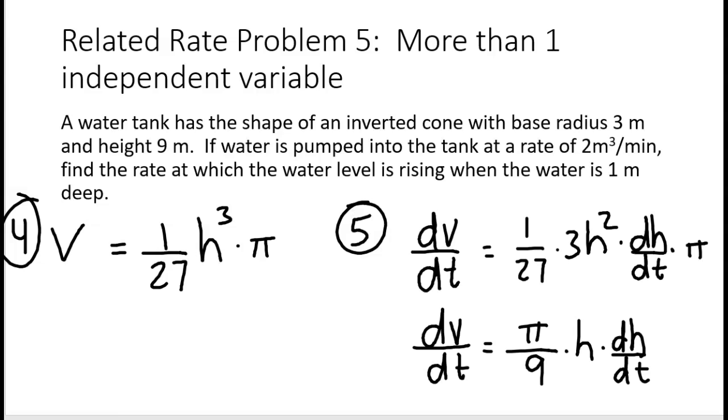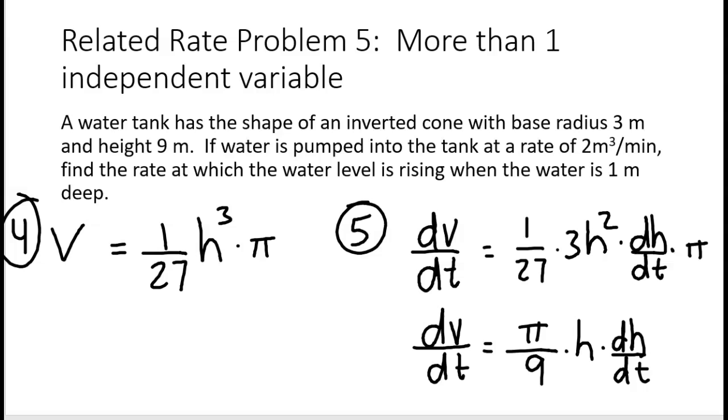So the step was to take the derivative. The derivative of v is dv/dt. And when we take the derivative of this side, since the 1/27 and the pi are just constants, they stay the same. What does change is the h cubed. The derivative of h cubed will be 3h squared dh/dt.